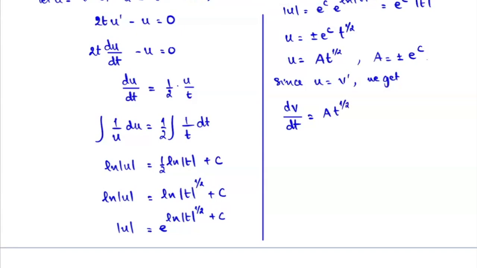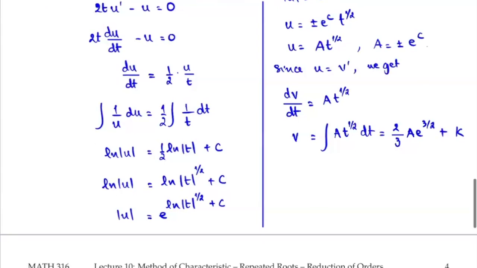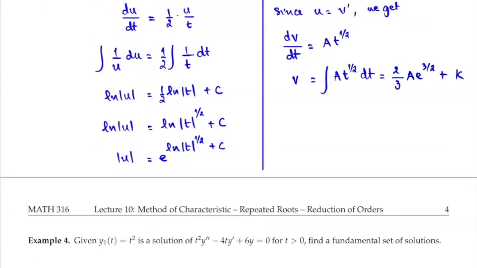And again, this is separation of variables. You get v equal to the integral of A times t to the 1/2 dt, which is 2/3 times A times t to the 3/2 plus some constant, capital K, just to avoid confusion here. Okay, so that is v.